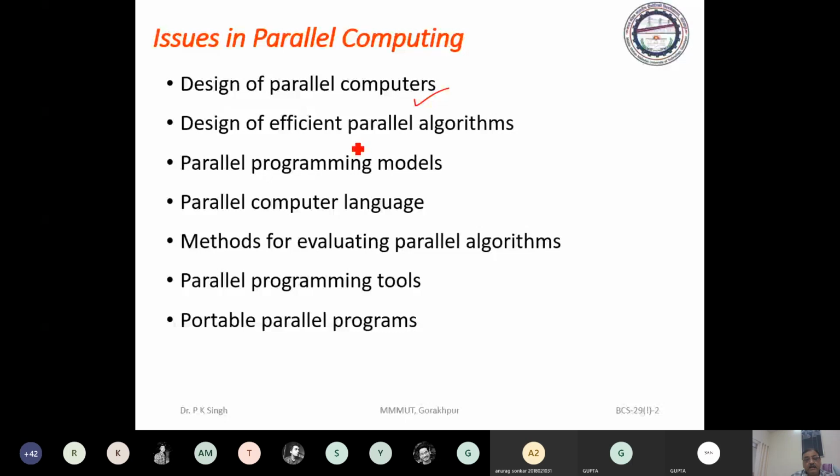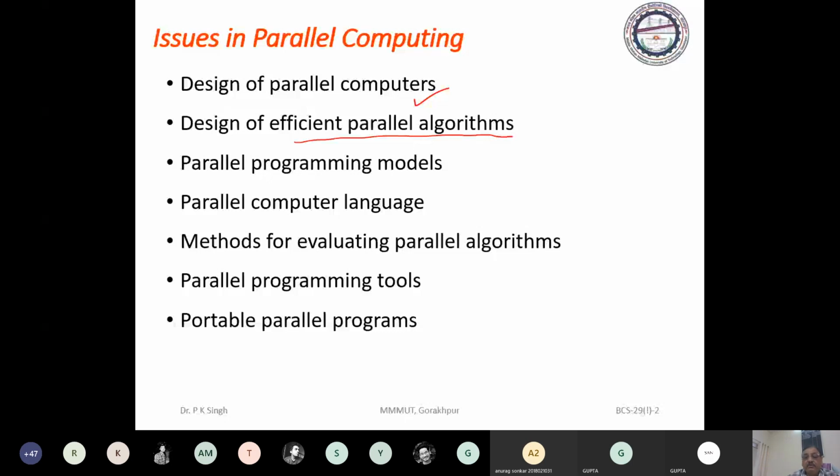Next is the efficient parallel algorithm. You must design algorithms so that we can perform the parallel computation. We must have some parallel programming model. We must have a language that supports parallel programming.